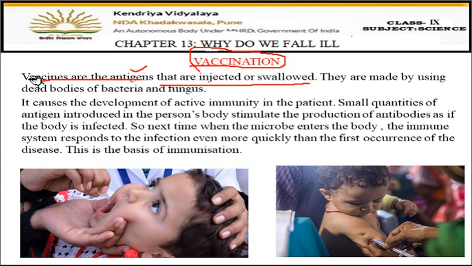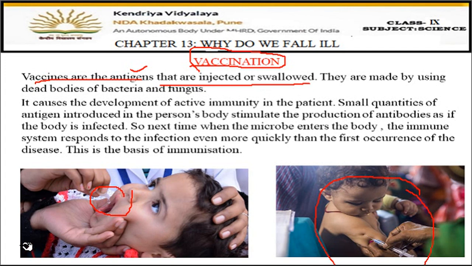So we are saying that vaccines are antigens, or you can use the word chemicals also here, there is no problem. Vaccines are antigens or chemicals that are injected or swallowed. You can see here in the picture that the vaccine is injected with the help of injections, or it can be given orally and then swallowed.